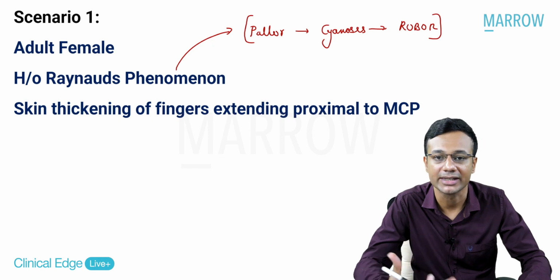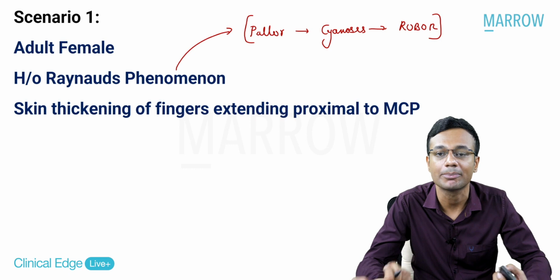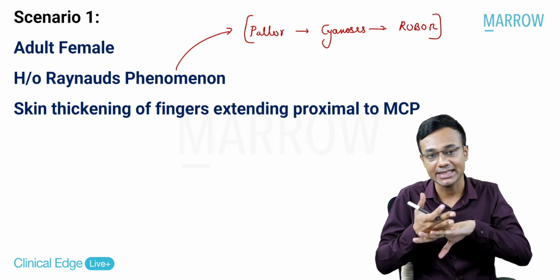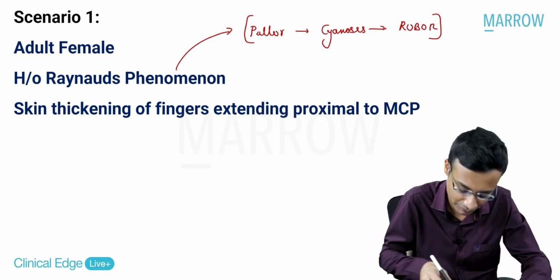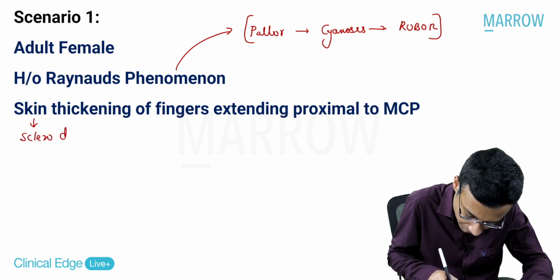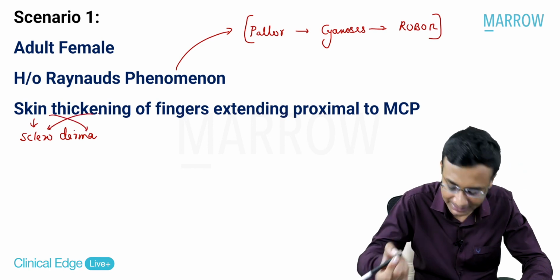So it is going towards connective tissue disease and the skin thickening of the fingers extending proximal to the MCP. So the question is saying the skin thickening of the fingers and it is extending proximal to the MCP. So please remember the other name for skin thickening is scleroderma. So thickening is sclero, skin is derma.